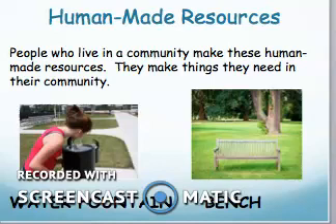And they made them because they thought, okay, if you're in the park and you're playing or you're running or exercising and you get tired, you can sit on a bench to take a rest. So again, these are things that weren't there, but people made them to help their community, right? These are things that help us in our communities.